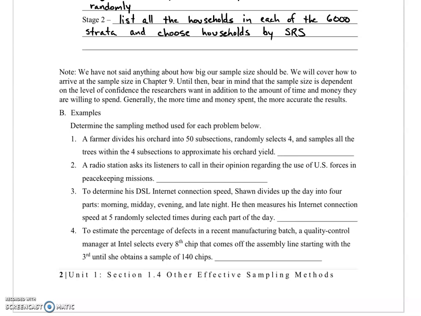For right now, the only important things to know about sample size are that how big the sample size is depends on the level of confidence the researchers want and the amount of time and money they are willing to spend. So generally, the more time and the more money you're willing to spend, the more accurate your results will be.